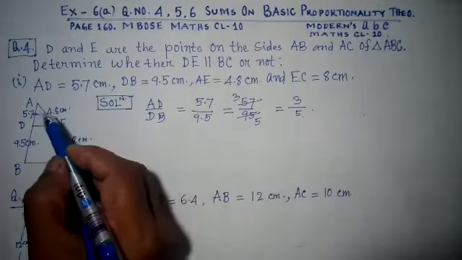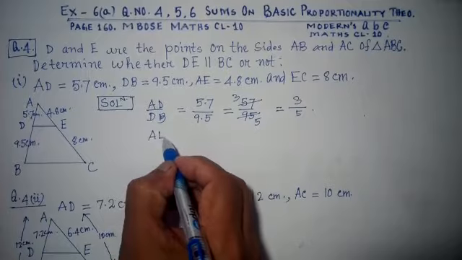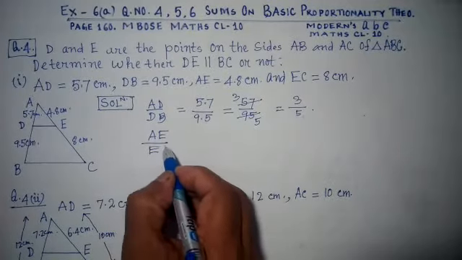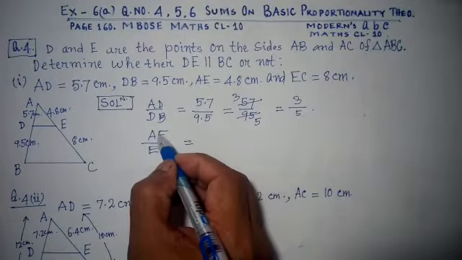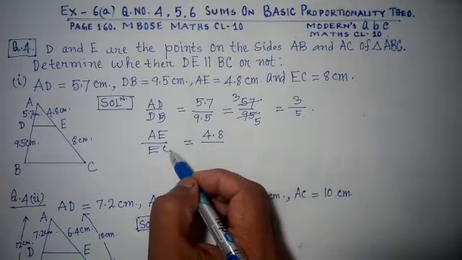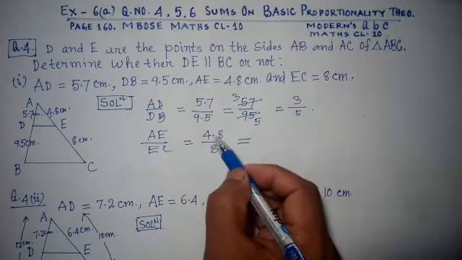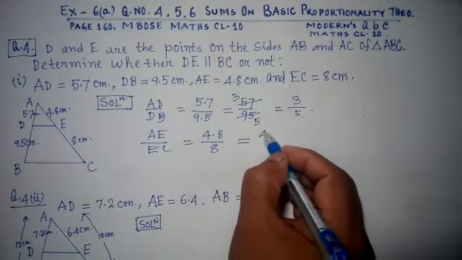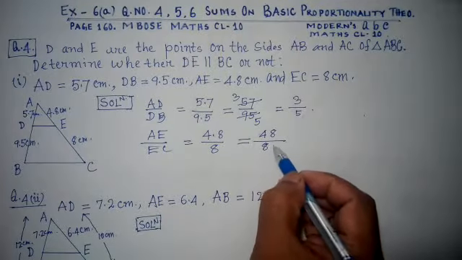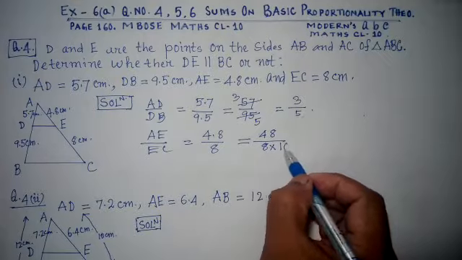And also you find this side AE by EC. AE value is 4.8 and EC value is 8. So first we cancel this decimal, if we cancel this decimal, here is into say 1, after decimal 1 number it is 10.